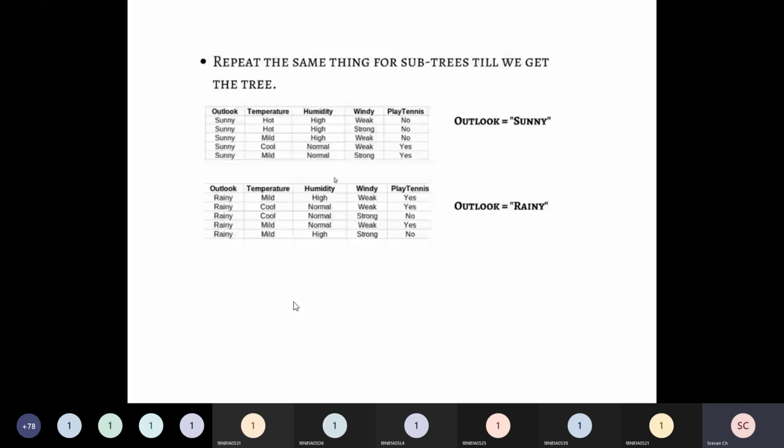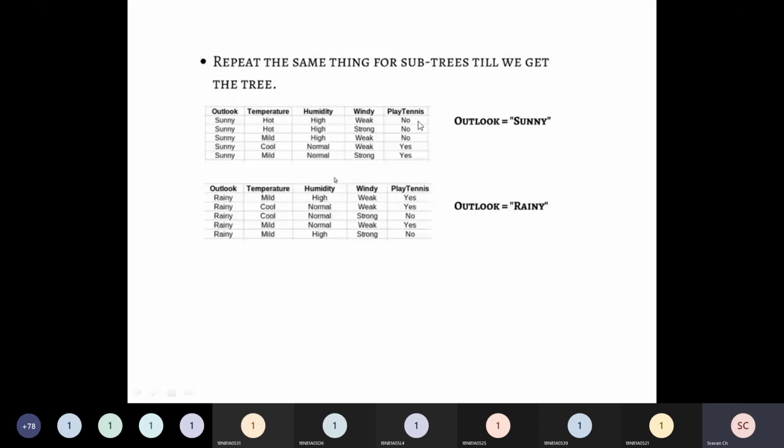What is that other node? How do I calculate it? So you have to solve the problem again by taking these two subsets. When outlook is sunny, I got a new subset with 5 records. When outlook is rainy, I got a new subset with 5 more records. Now if outlook is sunny, how many records do I have? 5.